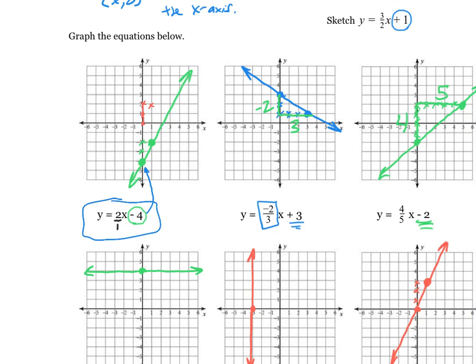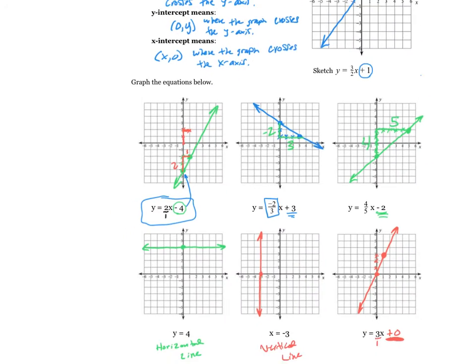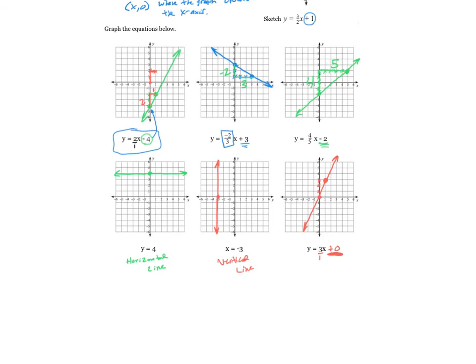Okay, go up 2 over 1. That is never what we do, unless the y-intercept was 0. You always start counting the slope from the y-intercept, okay? So that's why we counted it from here and went up 2 over 1. Okay, so always count from the y-intercept. Good luck doing some graphing.